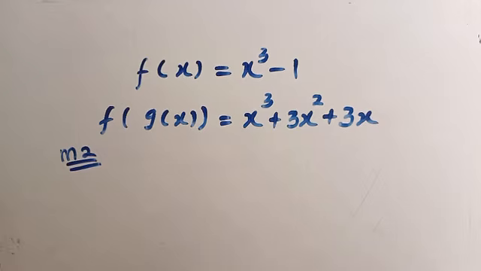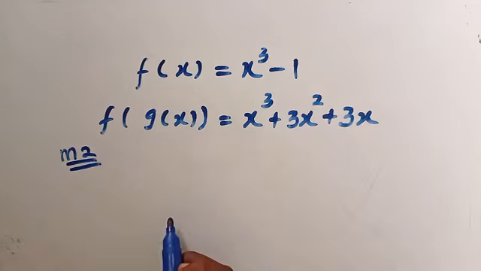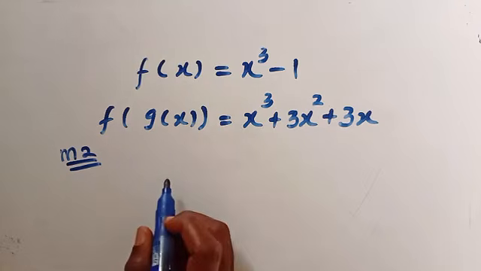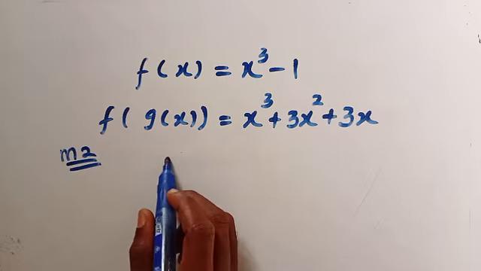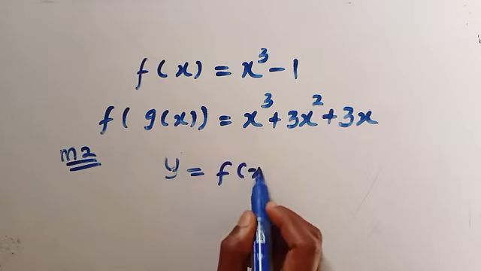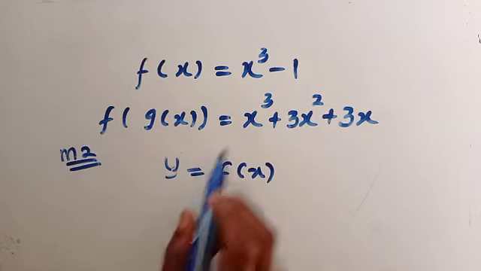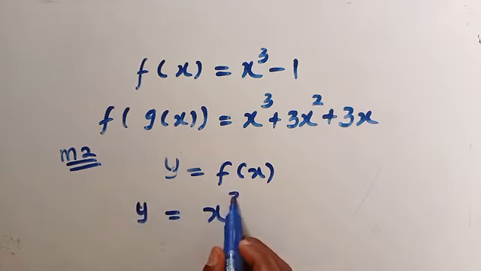Let's use the inverse method to solve this. So how can inverse be applied to get this g of x? It's very simple. What we do first is, from f of x equals x cubed minus 1, if I let y equals f of x, then the equation becomes y equals x cubed minus 1.